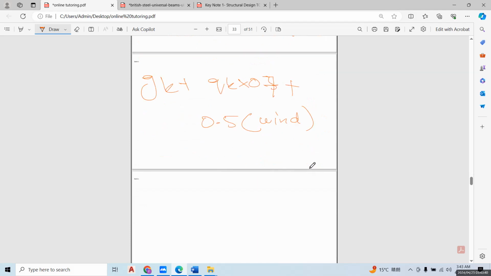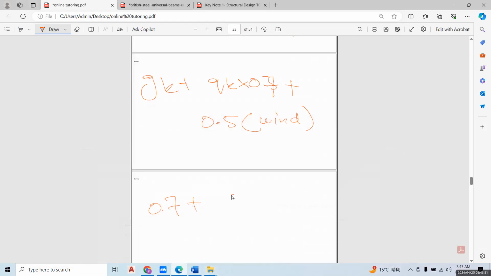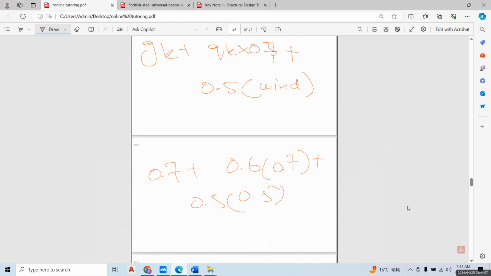So what is the value of 0.7 plus 0.6 plus 0.5 of wind, equal to 0.5. Okay, so the answer is 1.37.